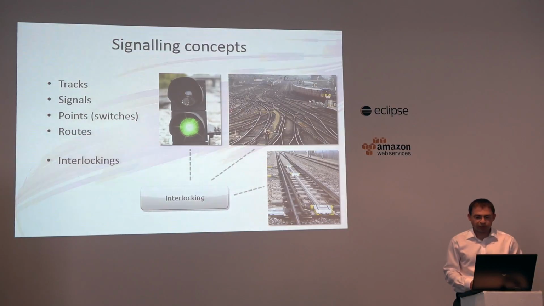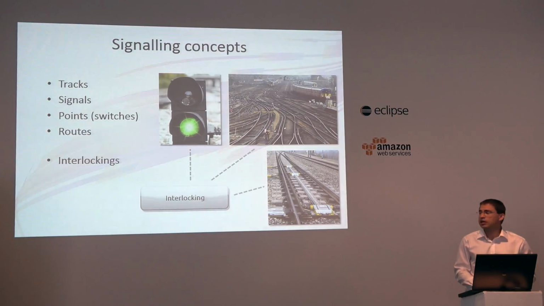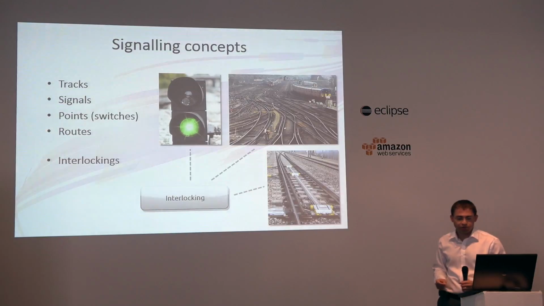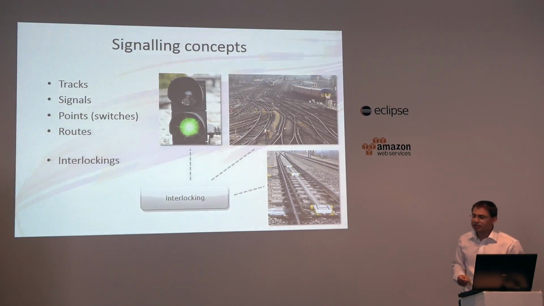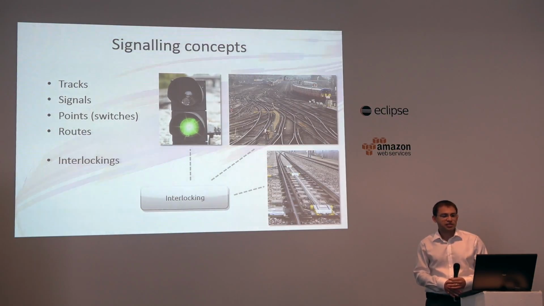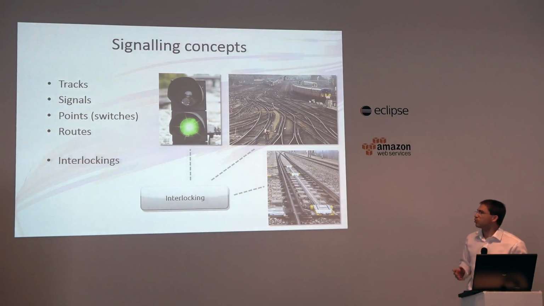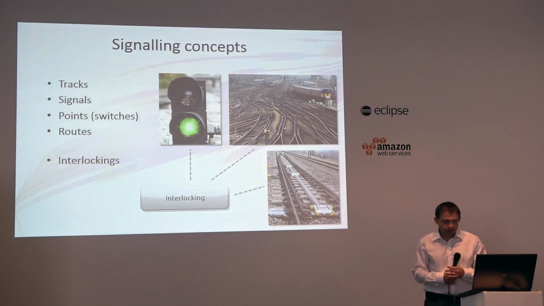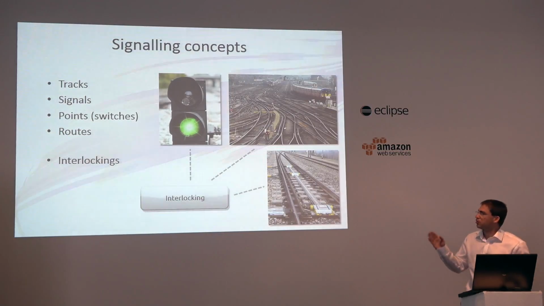But the most important bit is an interlocking. That's a safety critical device that implements logic to make sure you haven't got conflicting routes being set. Effectively, what you want to avoid is two trains being in the same section of the track. Also they act as data aggregators.